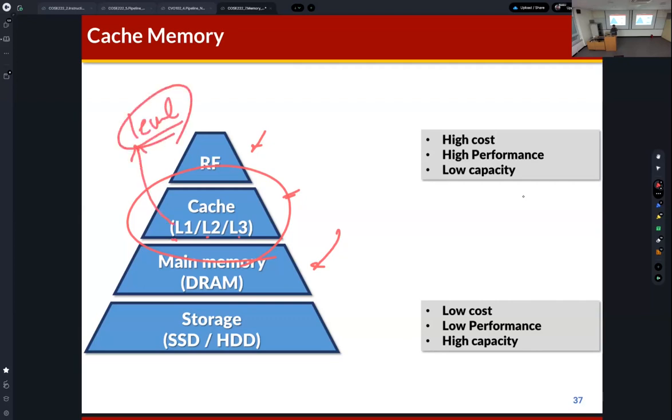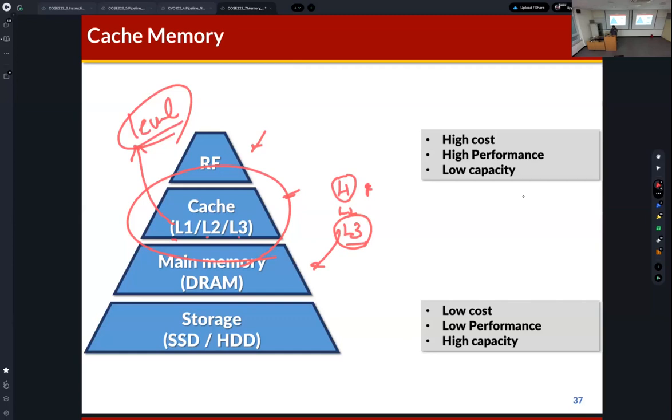So this is the level 1 cache, level 2 cache, and level 3 cache. The L1 cache is at the higher level of the cache hierarchy, then L2 is here, and L3 is usually the lowest cache memory in the processor.